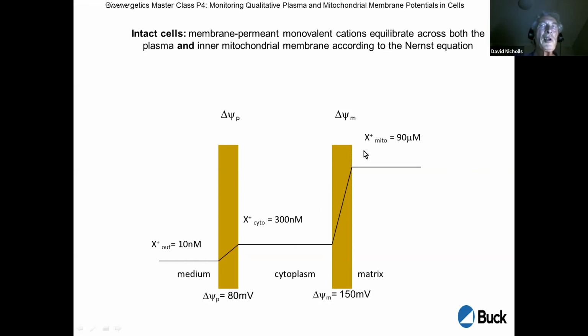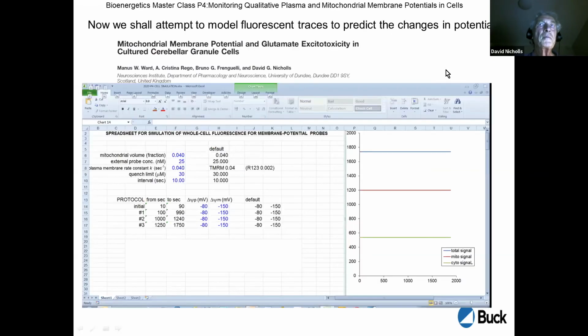So the overall accumulation is enormous from external medium to matrix. And that's one of the reasons why we use very low nanomolar concentrations. There are some probes you've got to go below 1 nanomolar to avoid artifacts.